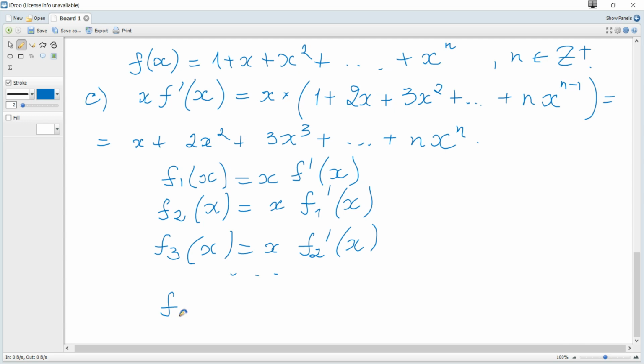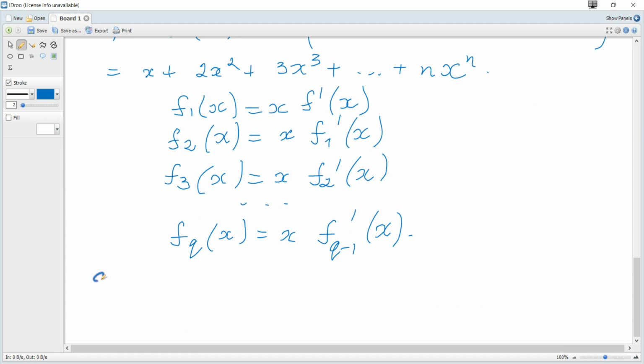And in general, fq of x is x times the derivative of fq minus 1 of x. Show that f2 of x is the sum for i from 1 to n of i squared multiplied by x to the power of i, 2 marks.